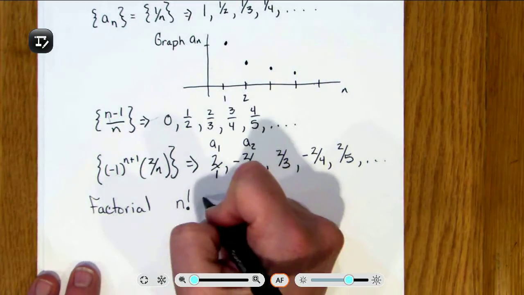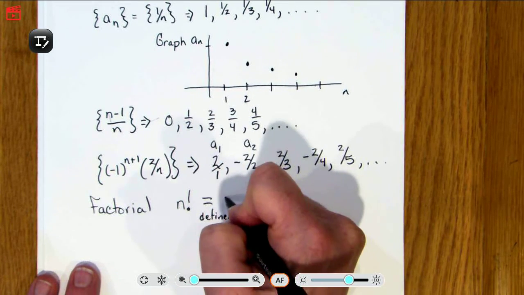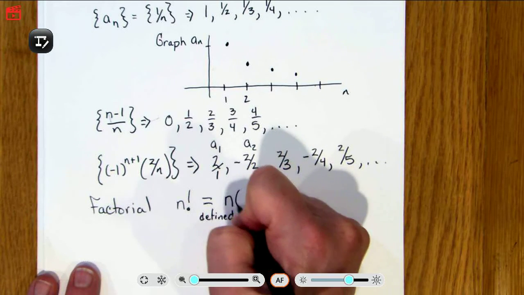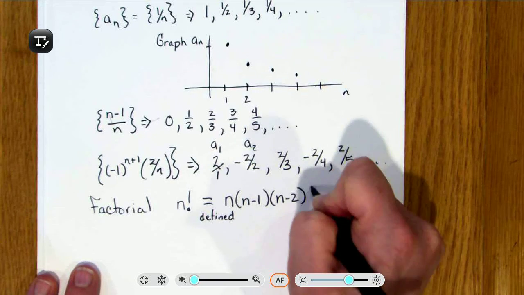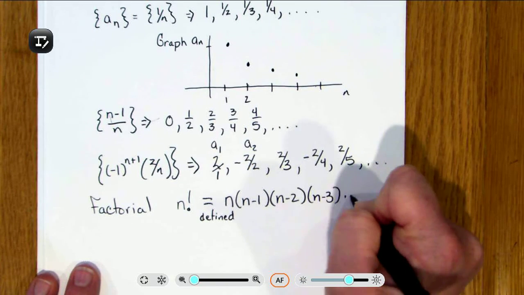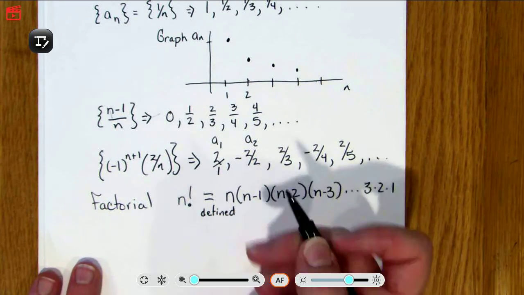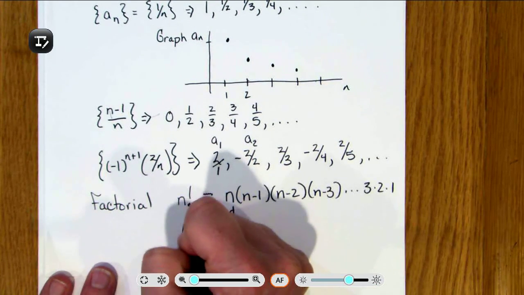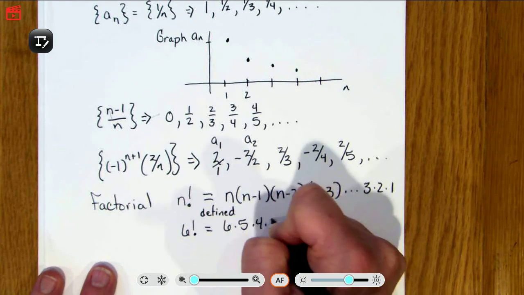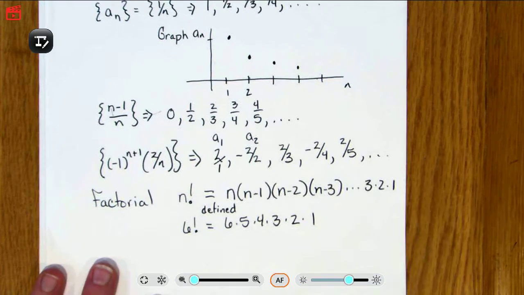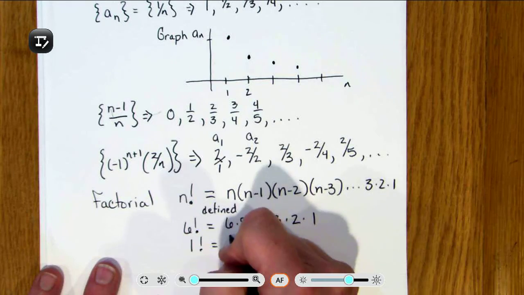The way it is defined, so this is a definition, is we start with that n value and then we multiply by all the numbers smaller than it until we get all the way down to 3 times 2 times 1, and we stop. So for example, 6 factorial would be 6 times 5 times 4 times 3 times 2 times 1. 1 factorial is just 1.